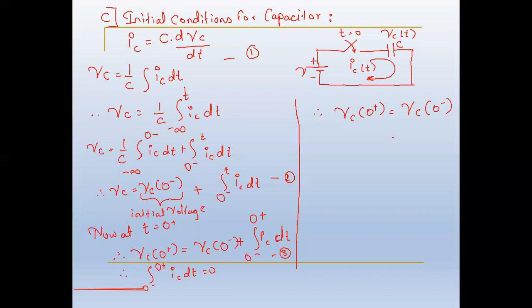So let us draw the table. Is there any doubt till here? Whenever we are dealing with these circuits or the initial conditions, let us summarize those points. Summary of initial conditions. It has two parts.